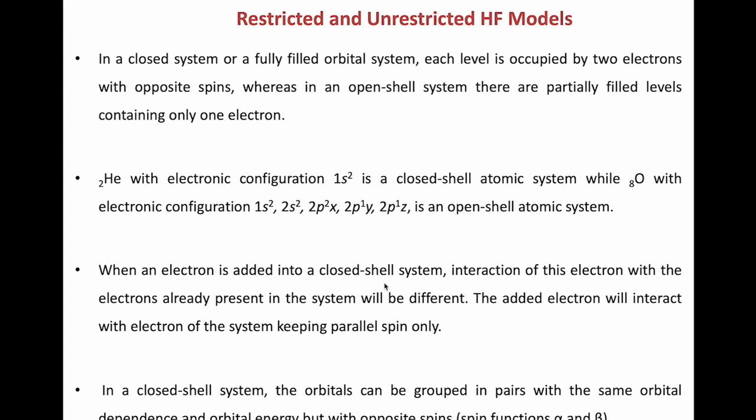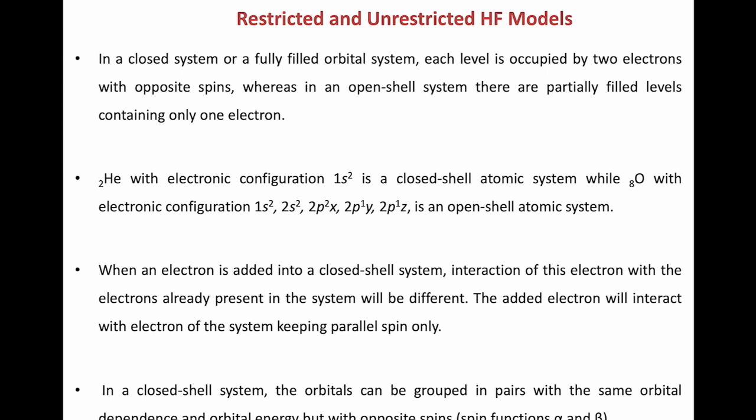When an electron is added to a closed shell system, the interaction of this electron with the electrons already present in the system will be different. The added electron will interact with the electrons of the system keeping parallel spin only. In a closed shell system, the orbitals can be grouped in pairs with the same orbital dependence and orbital energy, but with opposite spins.